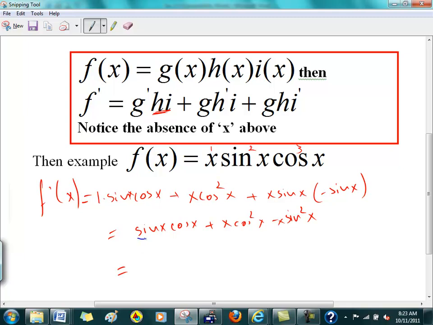So the first term here, I'm going to write it as 1/2 sine 2x. Can everybody look at the double angle formula and make sure you've got that connection there? Does everybody see where to go? Double angle formula. It says sine 2u is equal to 2 sine u cosine u.